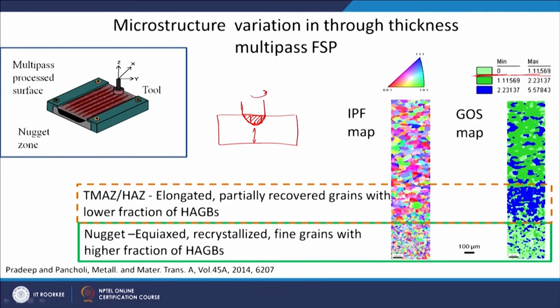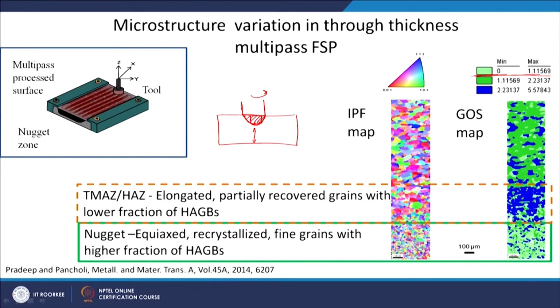All these light green, and at few places dark green also is there. But if you see this, this is where we say that you have a thermomechanically affected zone. That means the material is not fully recrystallized or fully recovered. That means dislocations must be there, low angle grain boundaries must be there.